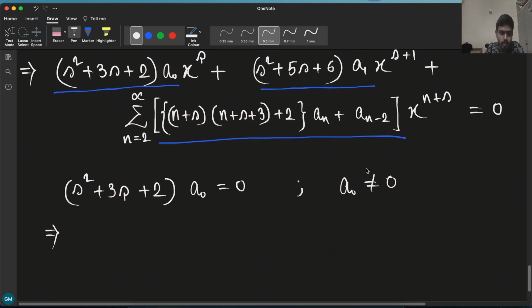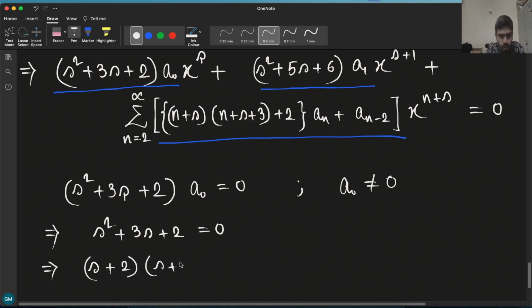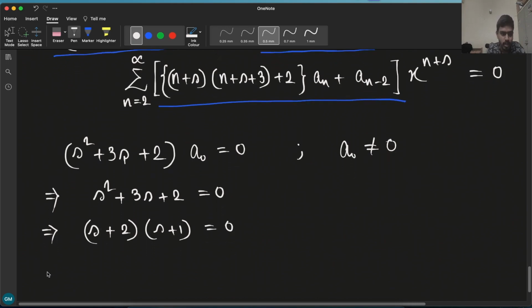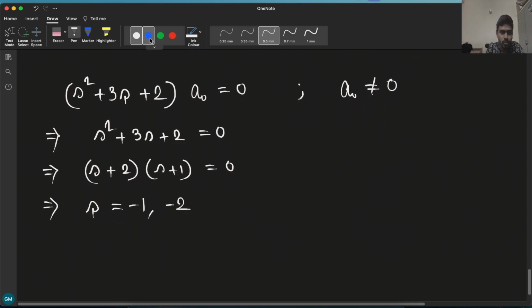In that case, we have s square plus 3s plus 2 equals 0, which implies s plus 2 times s plus 1 equals 0, so s can take two values for which this equation is satisfied: either minus 1 or minus 2. Good. So these are the two values s can take. Here we have assumed that a_0 is not equal to 0.